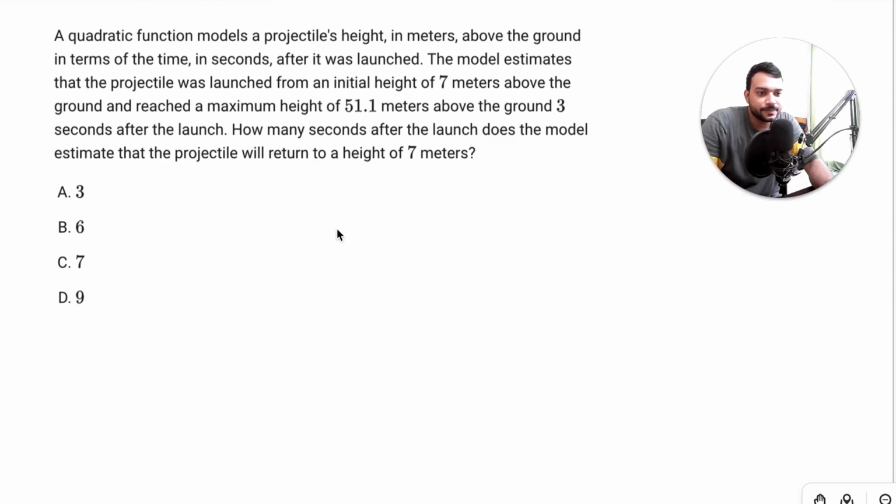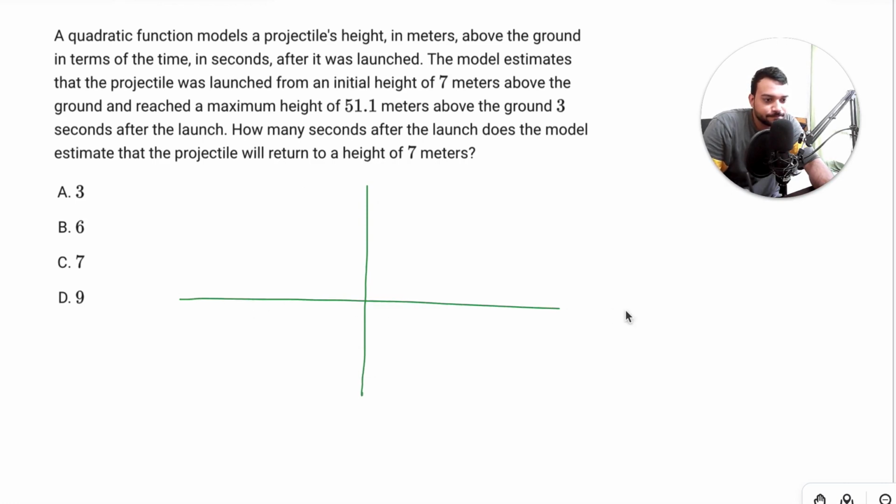So let's do this. Let's say this is our XY plane. It's saying that it was launched from 7 meters above the ground. Let's say this is 7 meters above the ground. It was launched from here, goes to a maximum height, comes down.